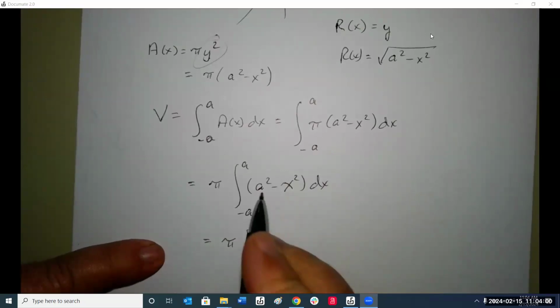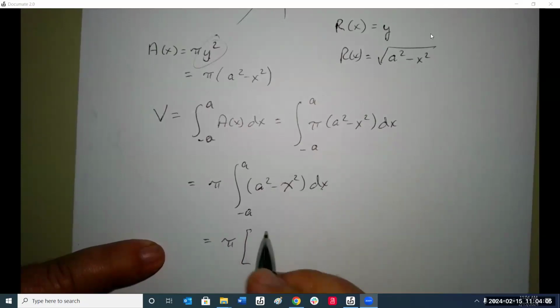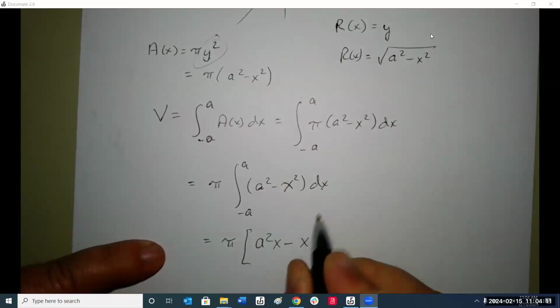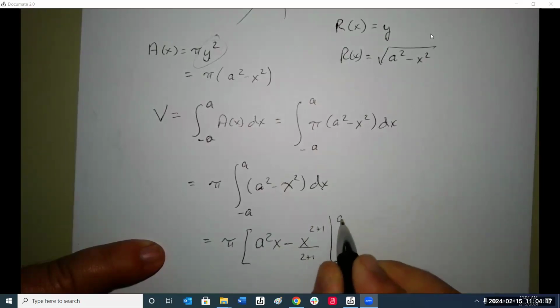The integral of this one with respect to x: the integral of a squared is a squared x, and x squared becomes x to the 2 plus 1 over 2 plus 1, from negative a to a.